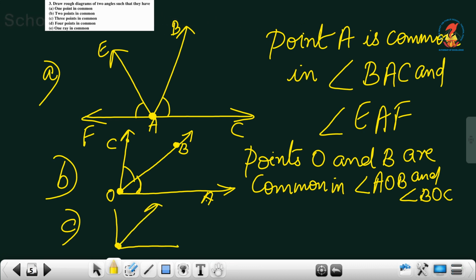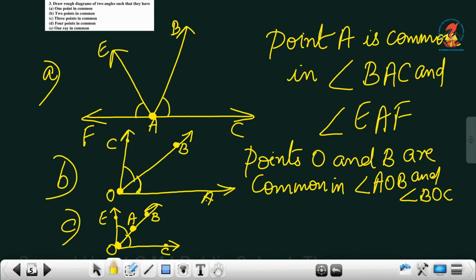Two points common. Is it three points should be common? So here it is O. Suppose here it is A, here it is B. Just mark a point C and mark a point E. Any letter you can use. Okay. Now you can see that this angle and this angle have three common points. Which are the three common points? Point O, point A, point B. So what you can write here?